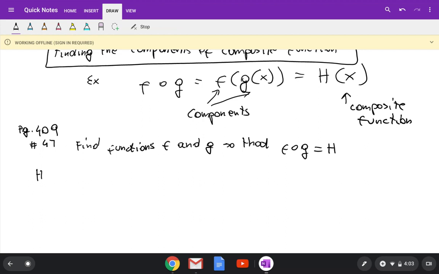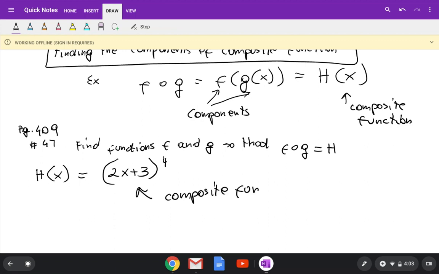So they give you h of x, which is 2x plus 3 to the 4th power. So they gave you, again, this is the composition. Now, that composite function was created by using functions f and g.